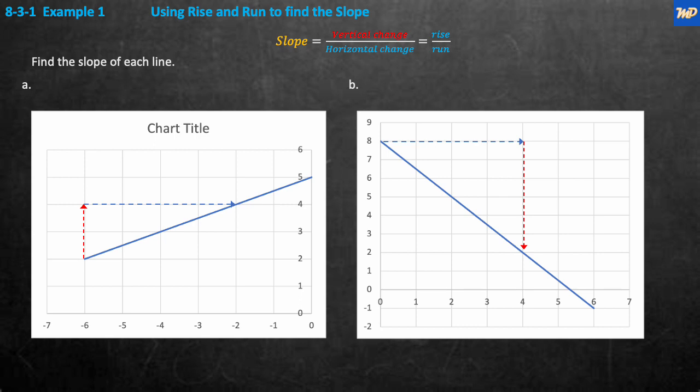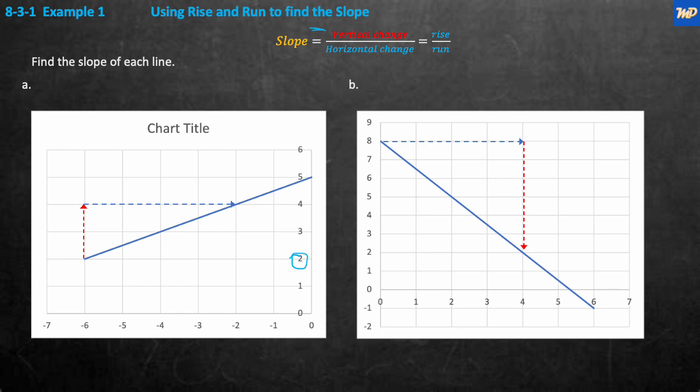We're just looking at slope. It starts here at point 2. And it goes up, the rise. Looking at our equation up here, the vertical change is red, the rise. So the rise is how many? 1, 2.